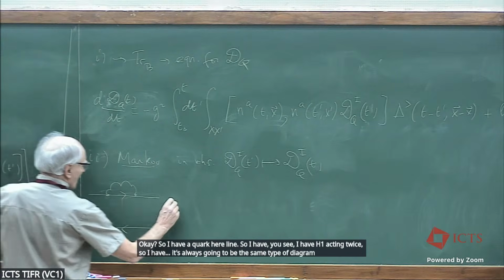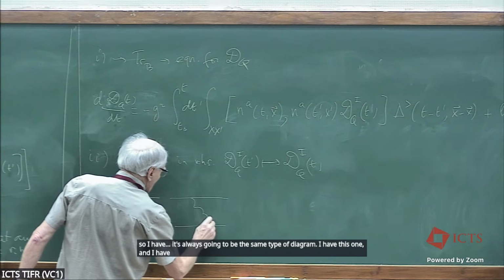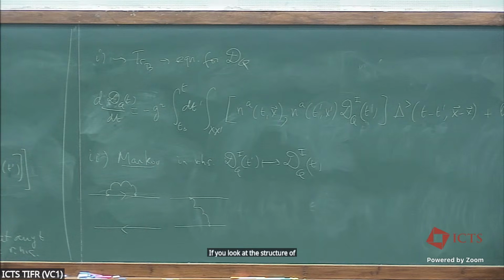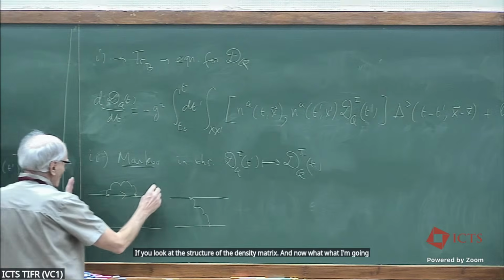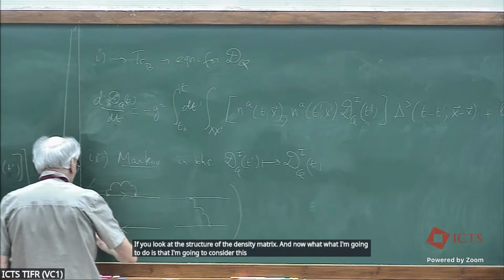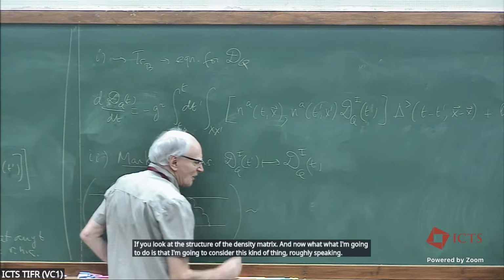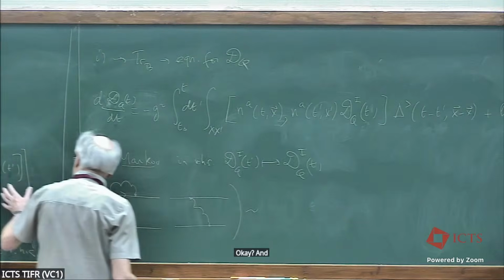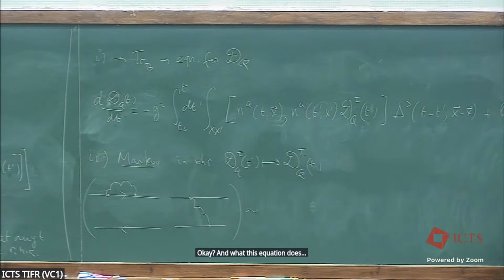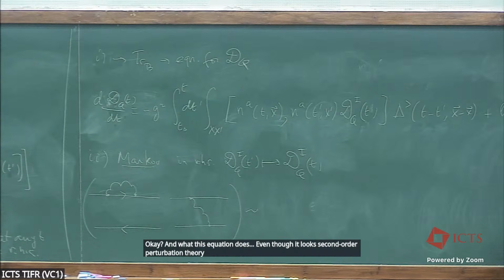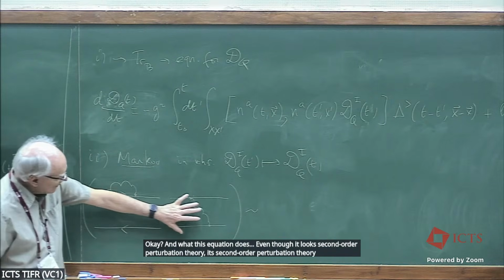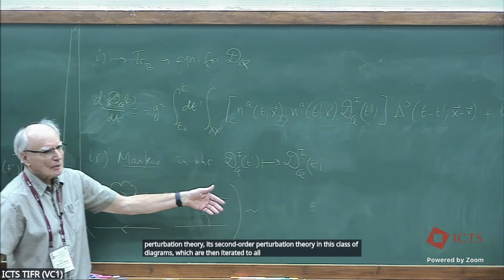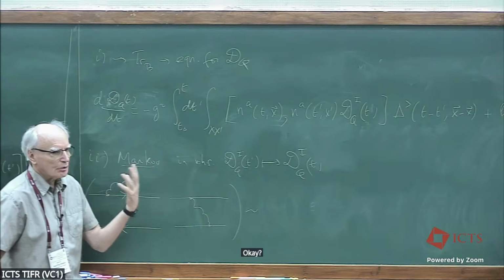If you look at the structure of the density matrix, now what I'm going to do is consider this kind of thing, roughly speaking, as a self-energy for the density matrix evolution. Okay, and what this equation does, even though it looks like second order perturbation theory, is that it's second order perturbation theory in this class of diagrams, which are then iterated to all orders. Okay, that's a way to think about it.